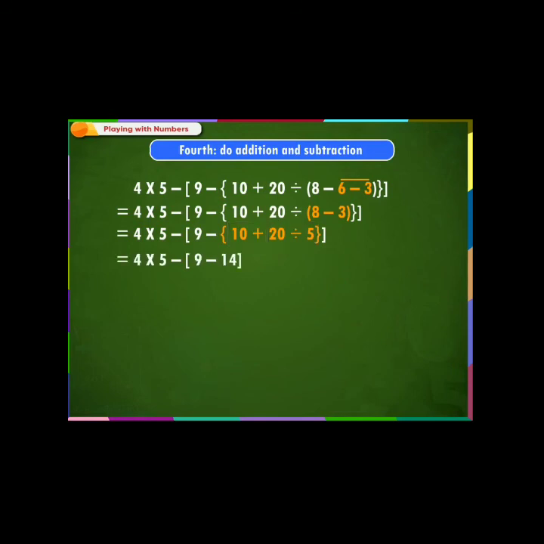We get 4 multiplied by 5 minus 9 minus 14, which is minus 5. We know that minus multiplied by minus is plus, so it equals 4 multiplied by 5 plus 5. Lastly, out of the remaining two operations, we will do multiplication first, as it comes before addition in BODMAS rule. Therefore, 20 plus 5 is 25.